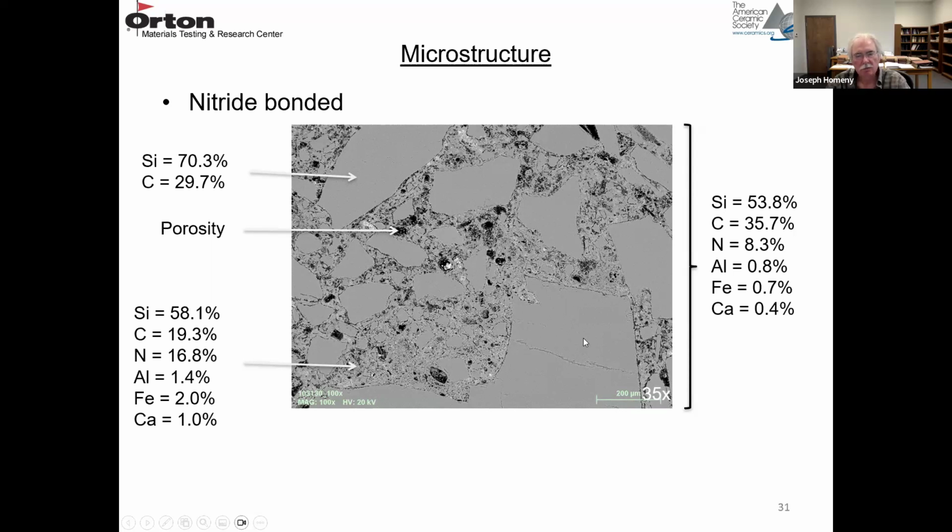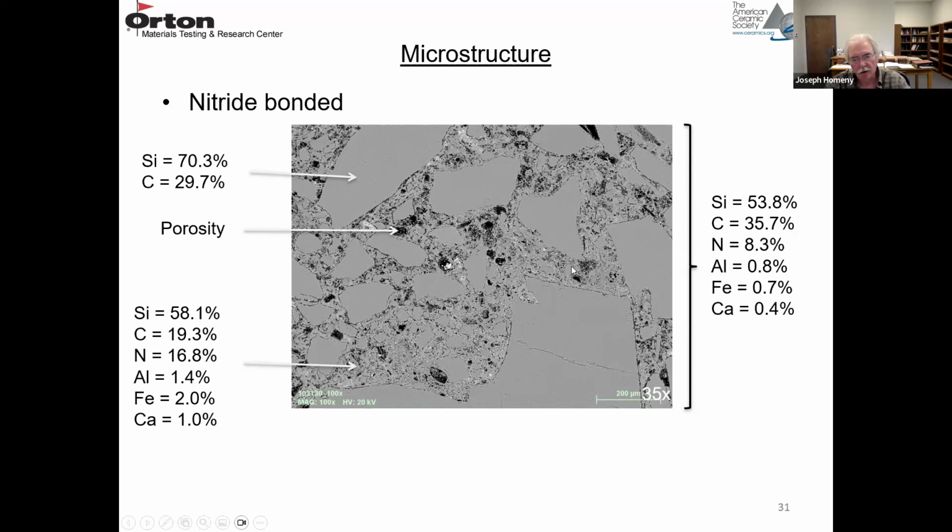So these large gray aggregates are the silicon carbide. When you do the chemistry, they're about 70% silicon and 30% carbon. That's silicon carbide. The darker black, again, is the porosity. So you can easily see the matrix here between all the silicon carbide aggregates.